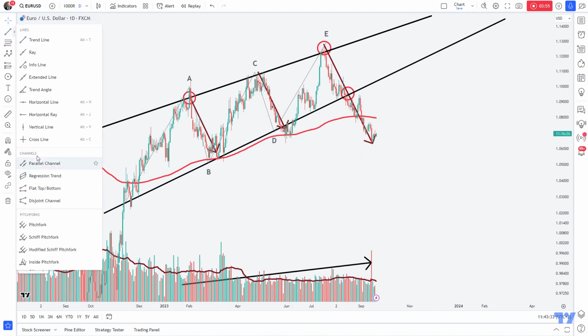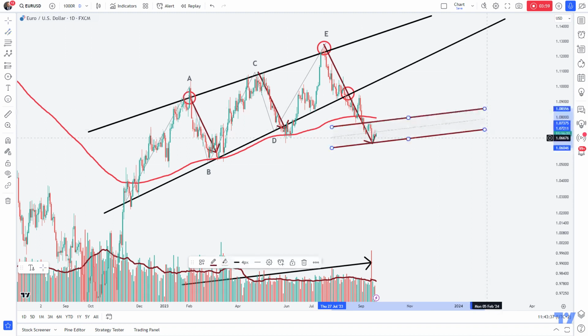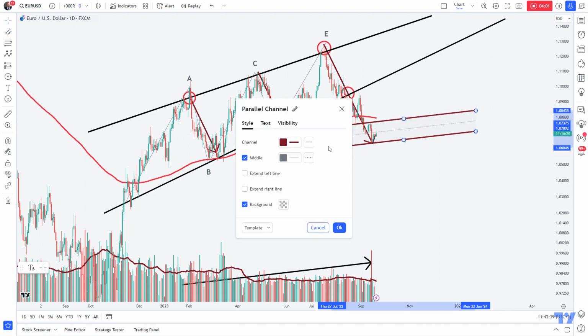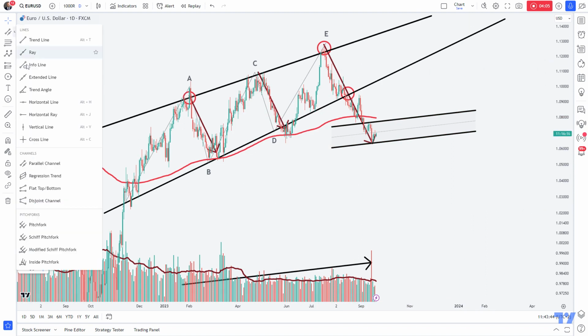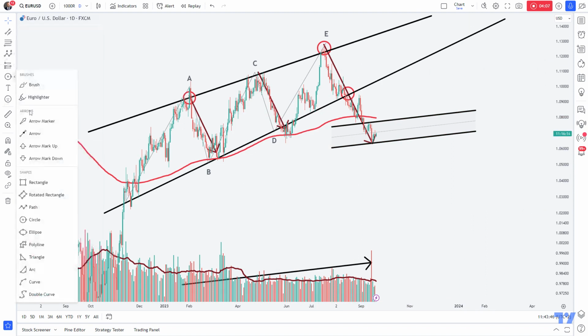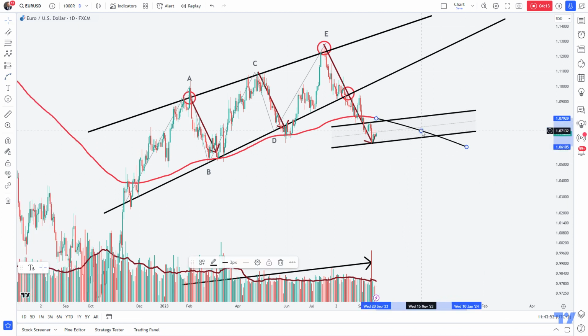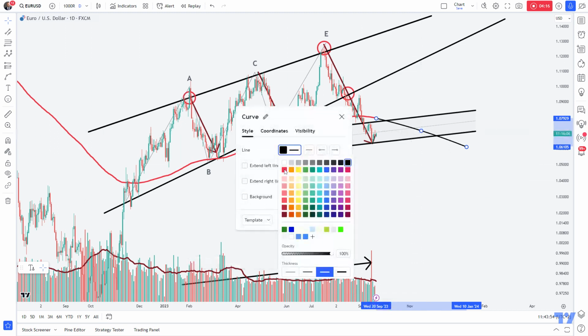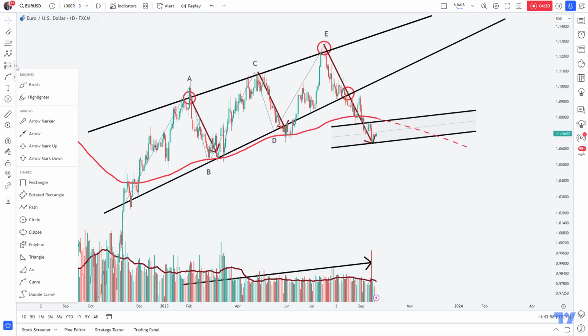This means that Euro USD is likely to stay below this major 200 EMA and confirm it as a major resistance within the upcoming times.